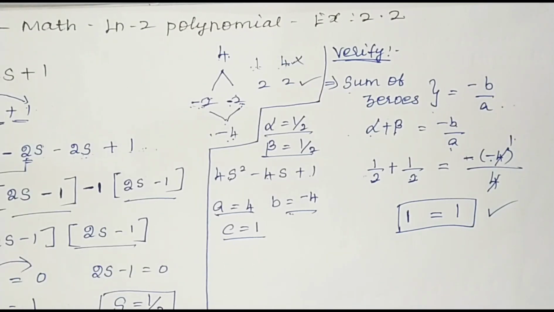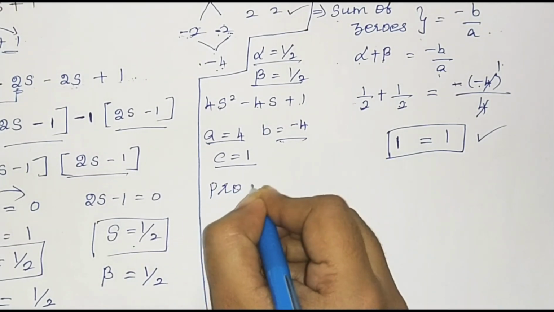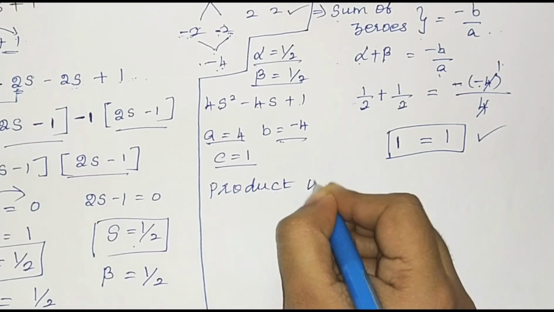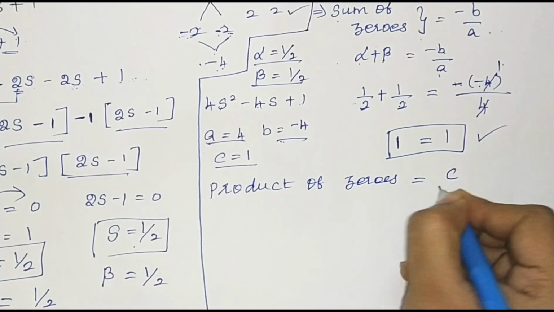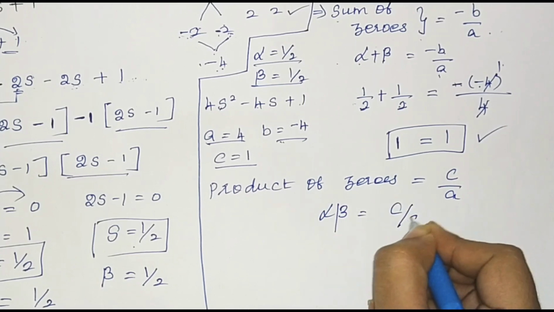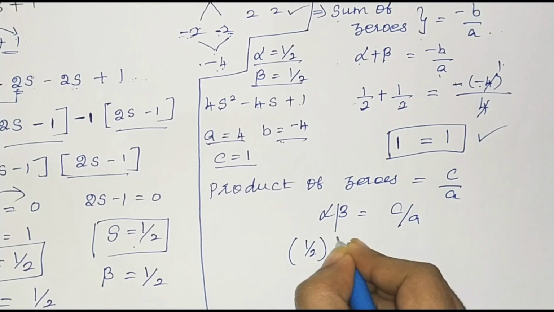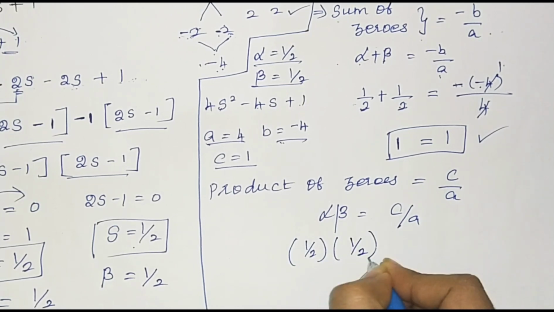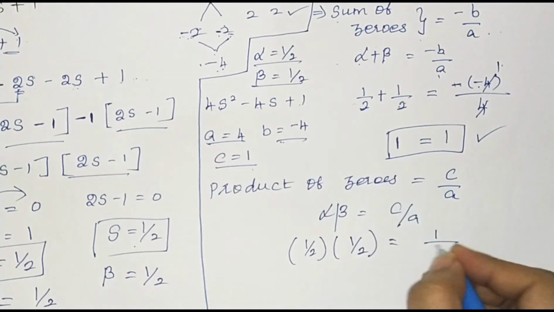Next we can verify the product of zeros. Product of zeros equal to c divided by a. What is the formula for the product of zeros? Alpha into beta equal to c by a. Alpha we considered 1 by 2 and beta we considered 1 divided by 2, equal to c. The c value is 1 and the a value is 4.